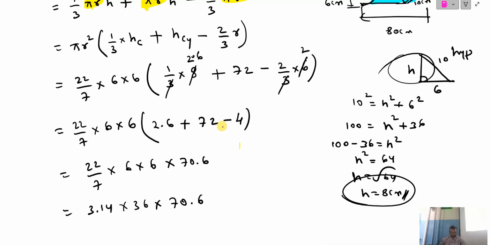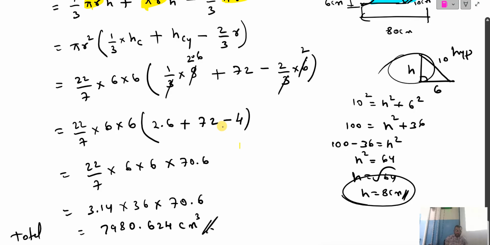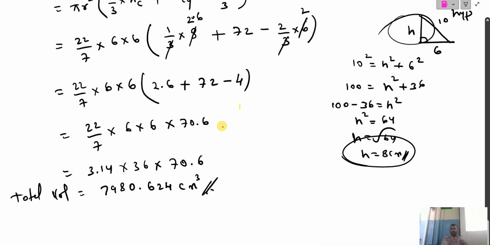Clear? 70.6 into 36 into 3.14 is 7980.624. Am I right? Yes, sir. Centimeter cube. So this is our total volume of the wooden solid or wooden article.